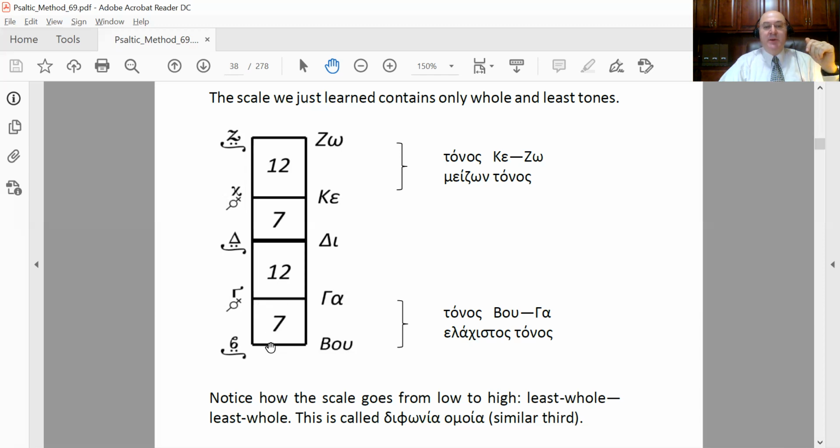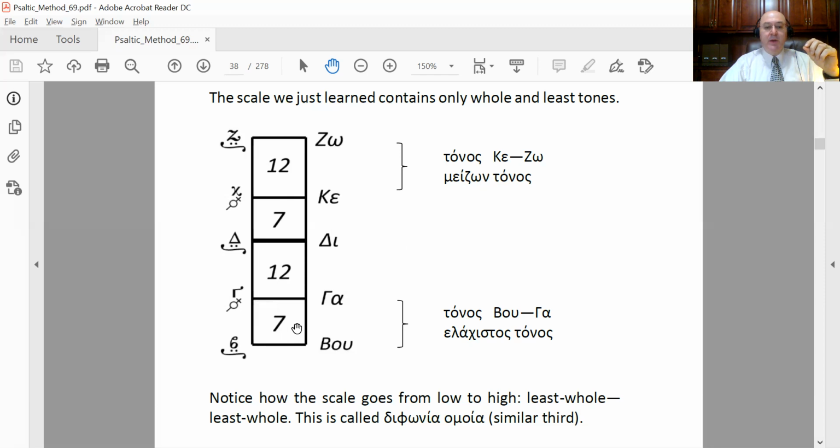For example, this number 7 is not exactly 6, but is very close to 6. The big whole tone in Byzantine music, we call it meizon tonos, whole tone. Actually, the word meizon means large. So meizon tonos means whole tone.